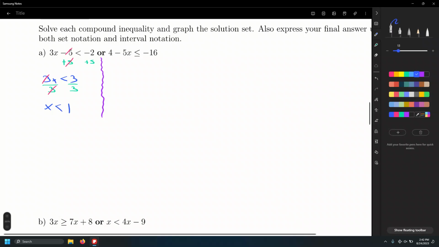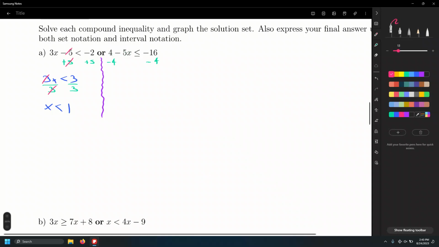You can think of this as our set A that we're going to put together with our set B that we get from solving the second inequality. So let's go ahead and solve the second inequality. Let's subtract 4 from both sides.